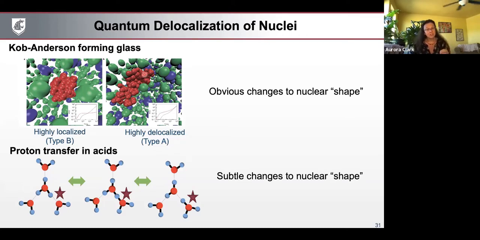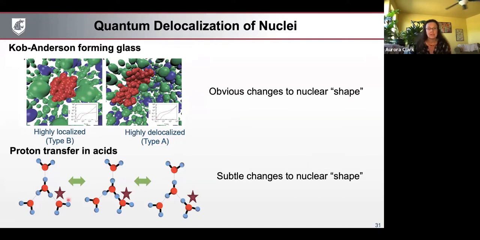Something that's much more subtle but more realistic from a chemistry perspective is proton transfer. So proton transfer is a process that occurs in acids. So, hydrochloric acid, acetic acid, vinegar, right? What happens is that you have a hydrogen atom that gets transferred between water molecules or between acid molecules.